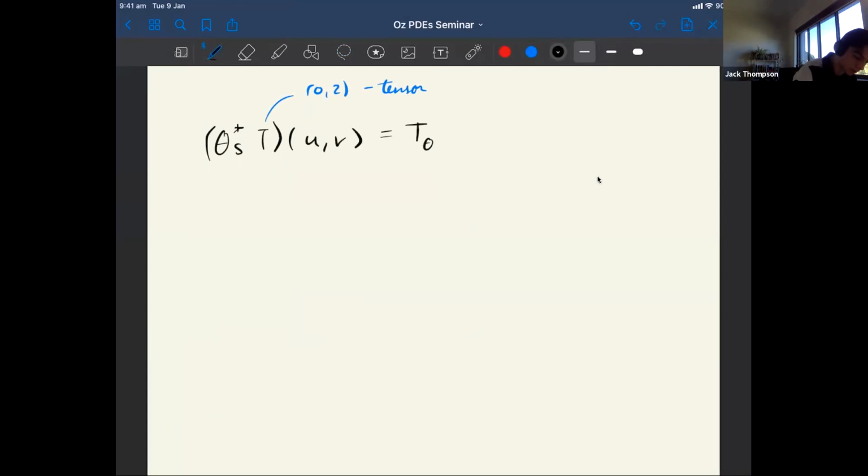It is given by the following expression, like this.